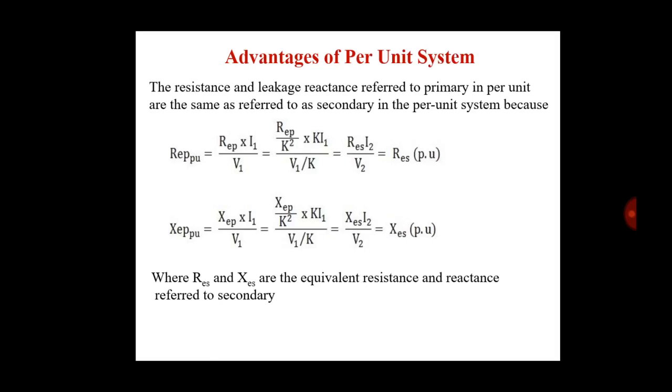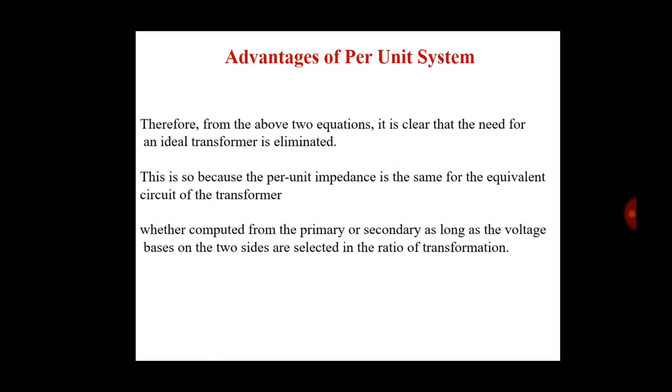This is the advantage of the per unit system. If one side ratings are available, the secondary side we find very easily. Therefore, from the above two equations it is clear that the need for an ideal transformer is eliminated.